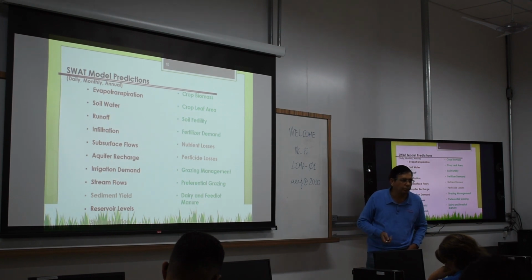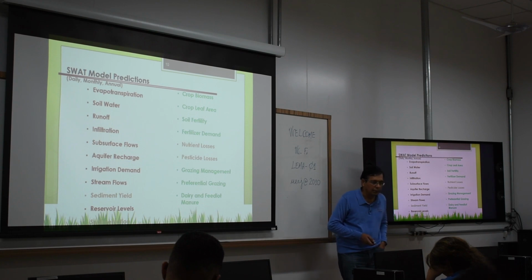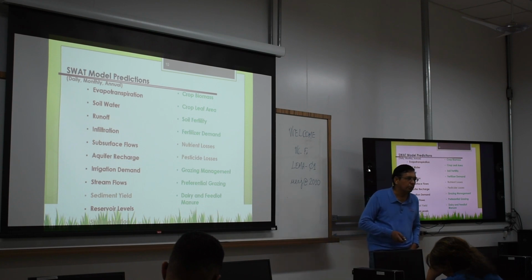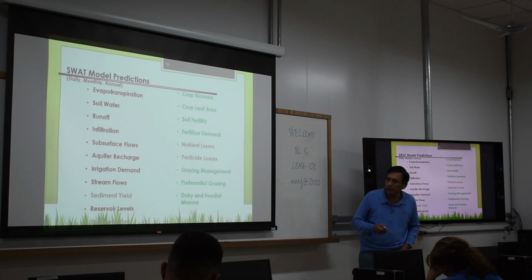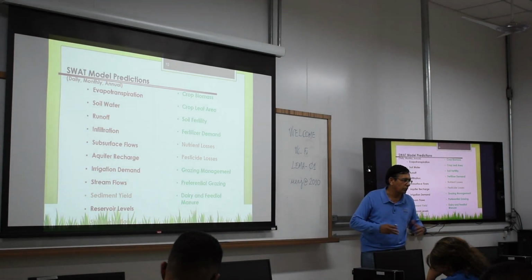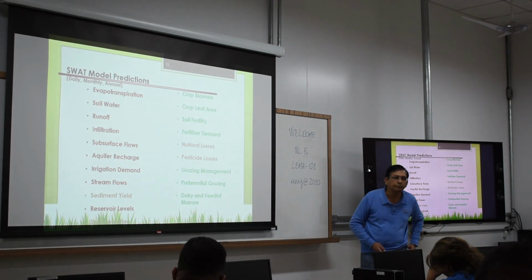All these different outputs can be obtained from the SWAT model, either at a daily, monthly, or annual scale, by HRU, by subbasin, by watershed. So SWAT is truly a spatial and temporal model, spatially distributed, and temporally you are able to see what's happening year after year after year.